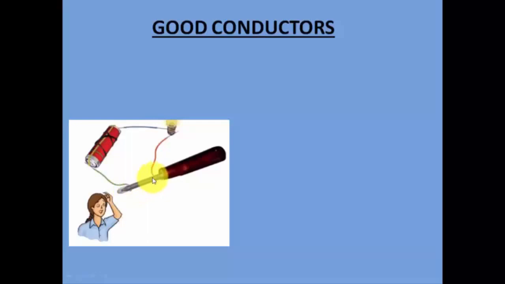Immediately the bulb glows. So the girl is confirming that when the two ends are connected onto this metal, the bulb will glow. Now, what will happen if the girl connects these two ends of the wire onto this rubber portion? It will not glow. That we will learn in the subsequent slides.